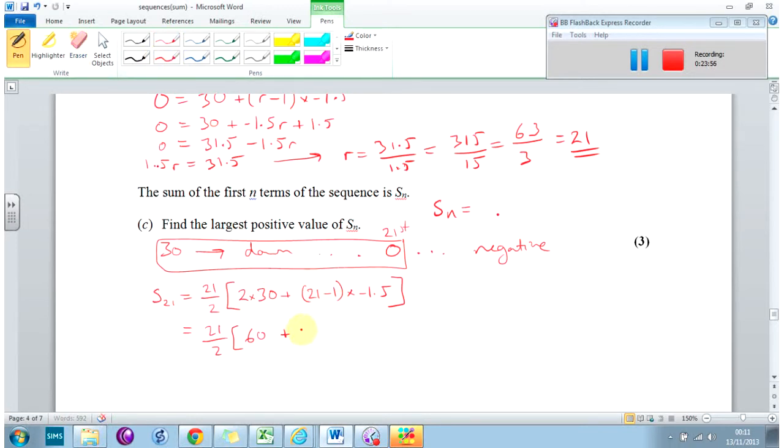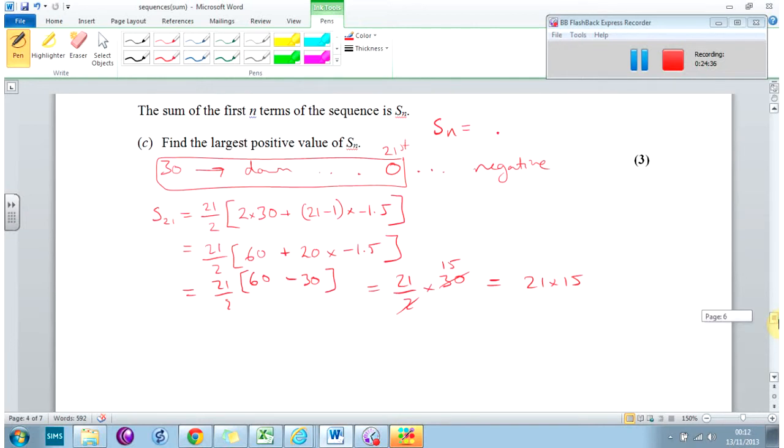Plus 20 times minus 1.5, and 20 times minus 1.5 is going to be minus 30. 21 over 2, and that gives us 21 over 2 times 30, which is the same as 21 times 15, because the 2 and the 30 cancel, leaving 15 there, and 21 times 15.